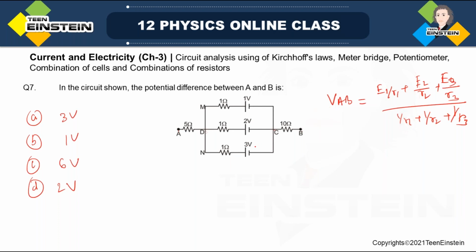So in that case, E1 is 1, R1 is 1, plus E2 is 2, and R2 is again 1 itself.